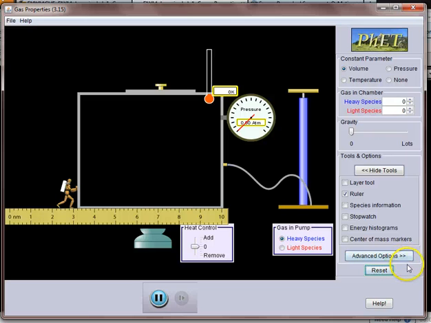Now change constant parameter to none. This is a little tricky when you do Charles' law. What is the constant parameter for Charles' law? Pressure. Yes, pressure is the constant parameter, and so we need to see the relationship of volume and temperature.